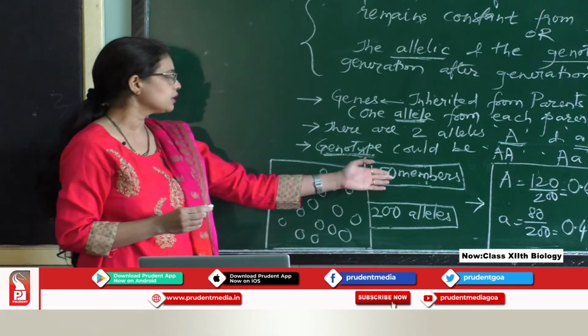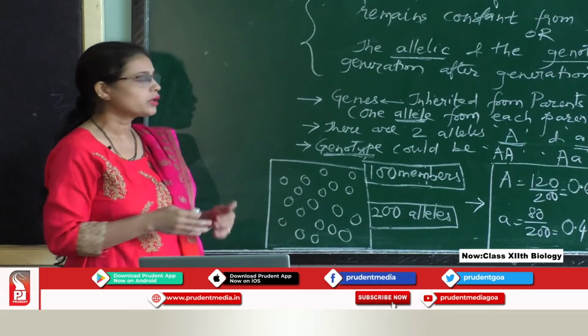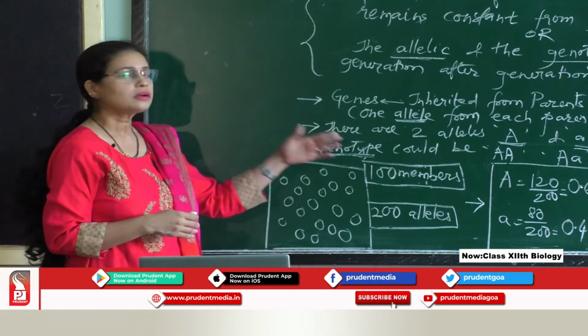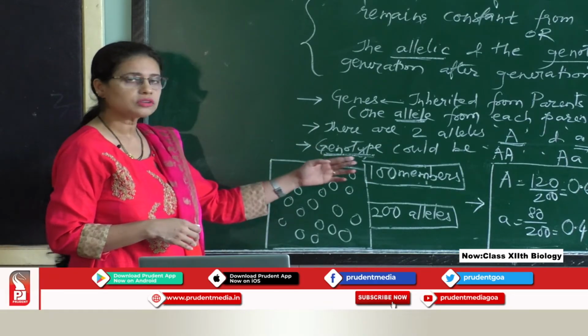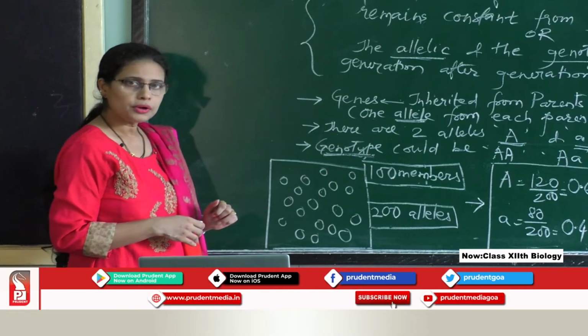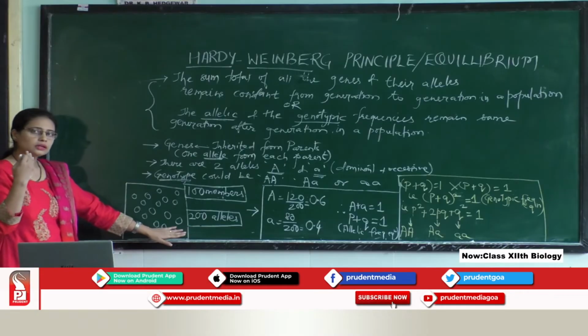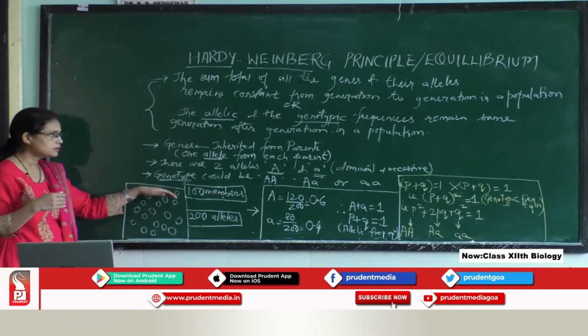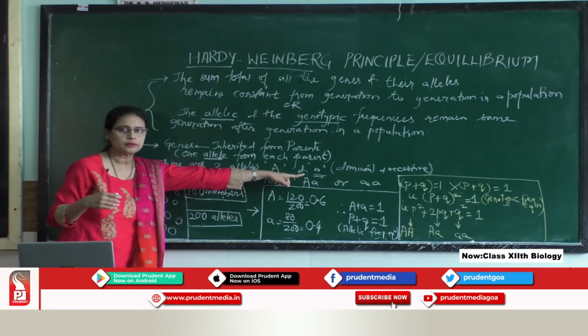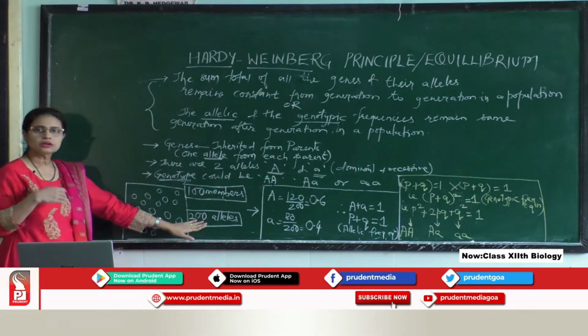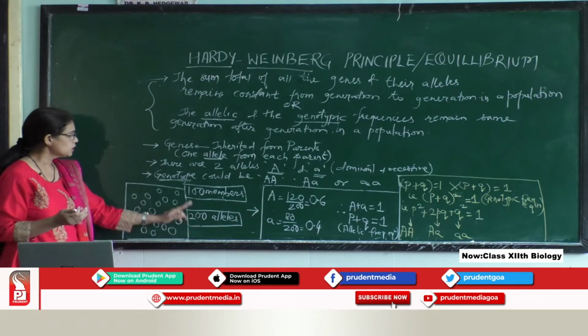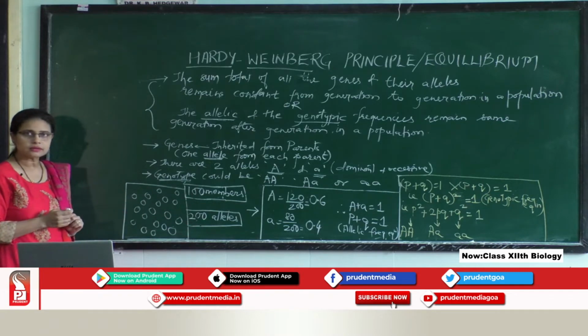I have written a figure of 100 here, but you can take any number, 750, 1000, 2000, any number of individuals. The total number of alleles will be double the number. So here it is 100 members, 200 alleles.